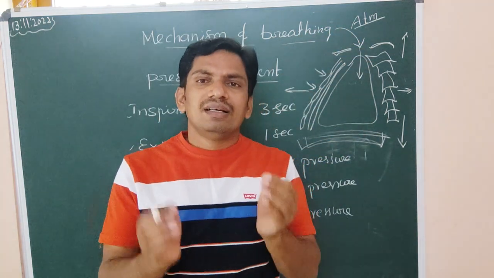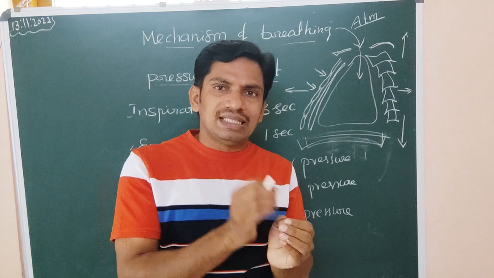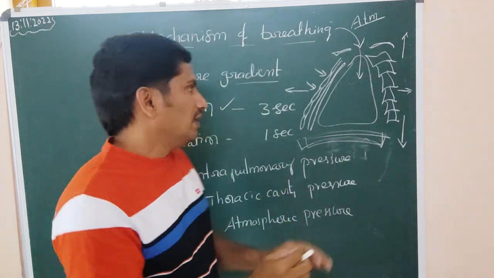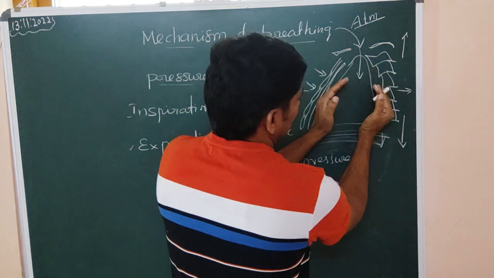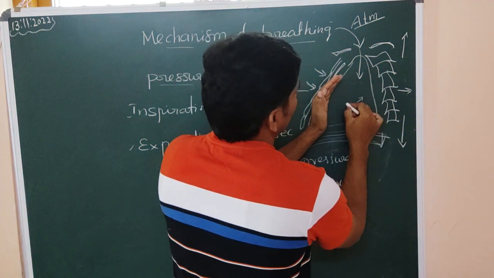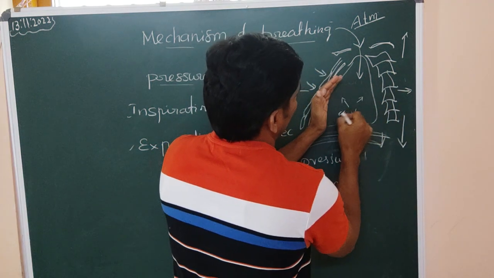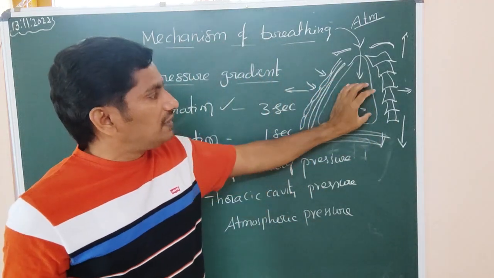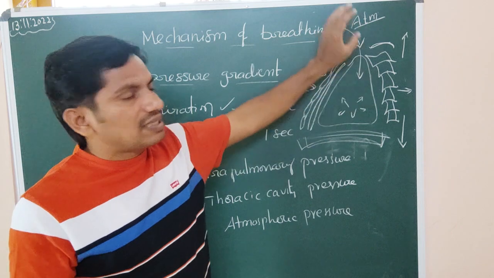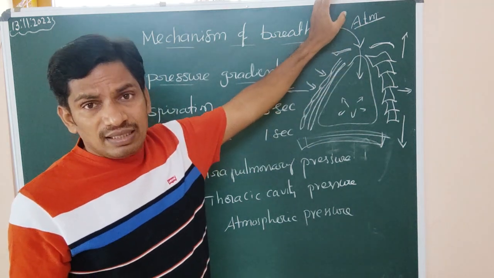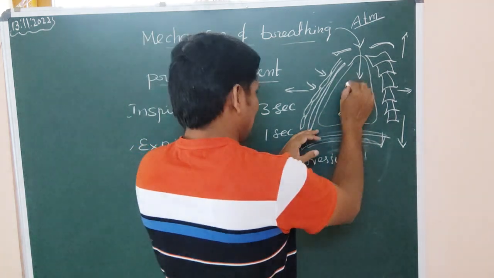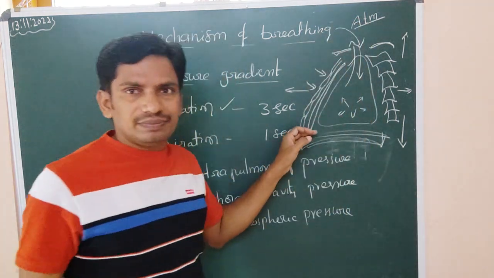You know that when the volume decreases, the pressure increases. Got it? When the volume decreases, there is more pressure on the lung. Now, due to the higher pressure compared to the atmospheric pressure, expiration takes place.